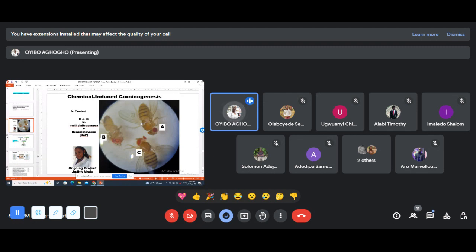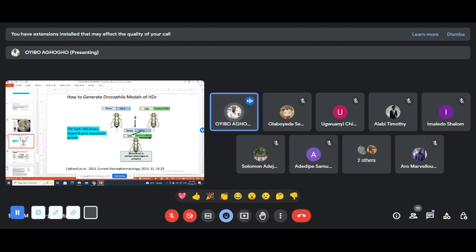So you can do a lot of work, but as I encourage you, you must read. These flies can be used to do a lot of things. Another thing is that the flies also have genetic models, and so you can cross them. There are drivers that by the time you cross them, the progeny will carry that behavior. I must be able to identify what will be the change.